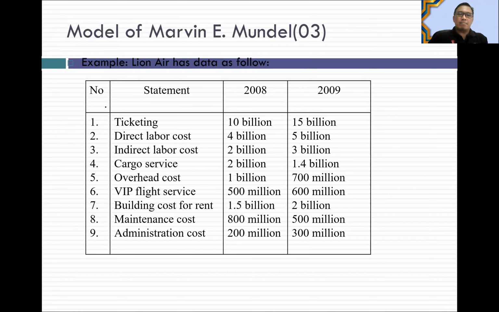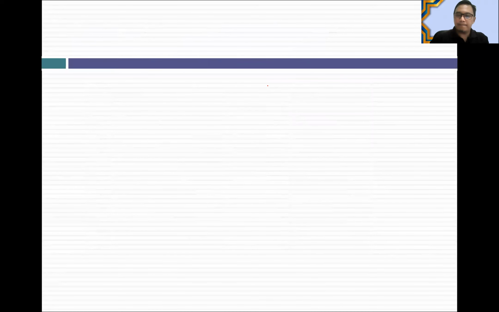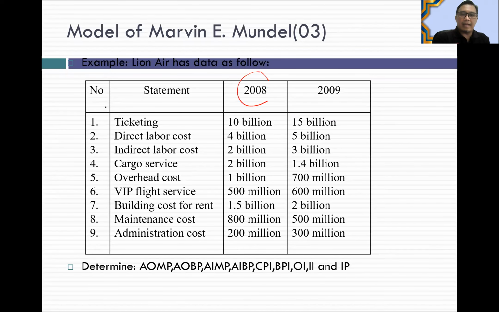Okay, this is an example of a Marvin model calculation in an airline company. There are two different years, 2008 and 2009, and we have several pieces of information from the statement.